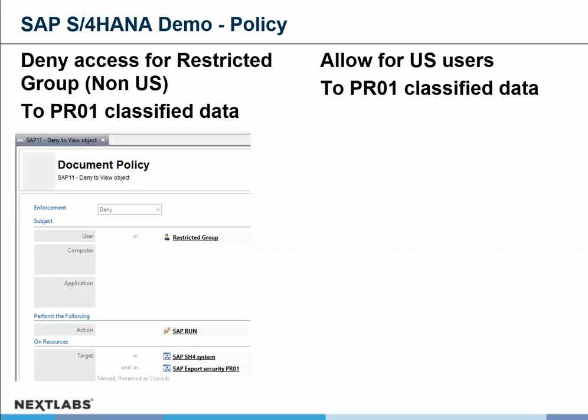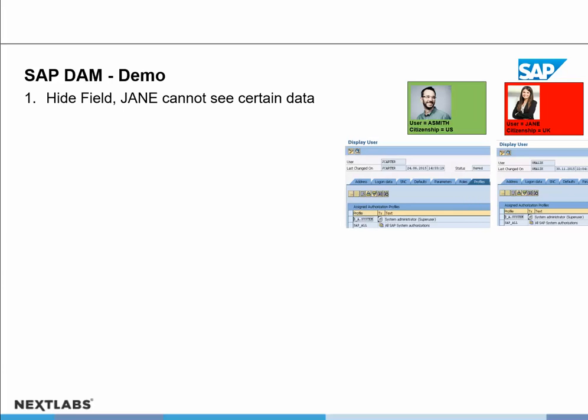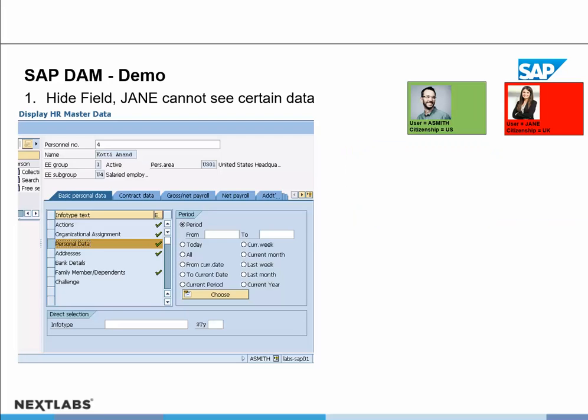In the second part of this demonstration, we're going to look at different information, in this case, what both Adam and Jane can see and cannot see based on who they are as far as the user is concerned. So in this case, we have displays for users that'll come up. In this case, we're going to hide a field from Jane so that she can't see certain data.